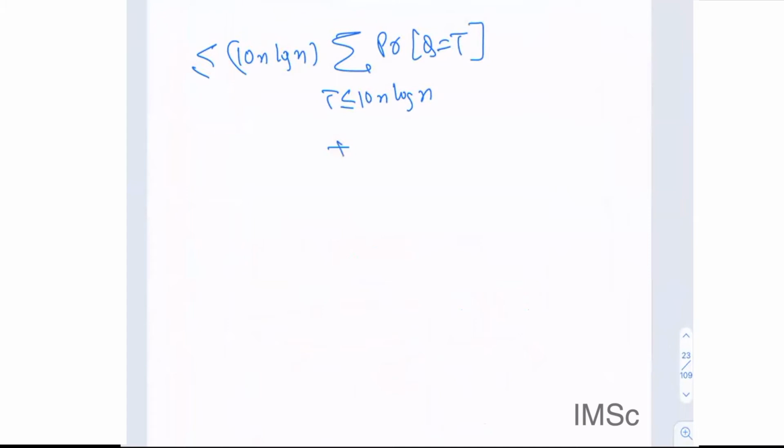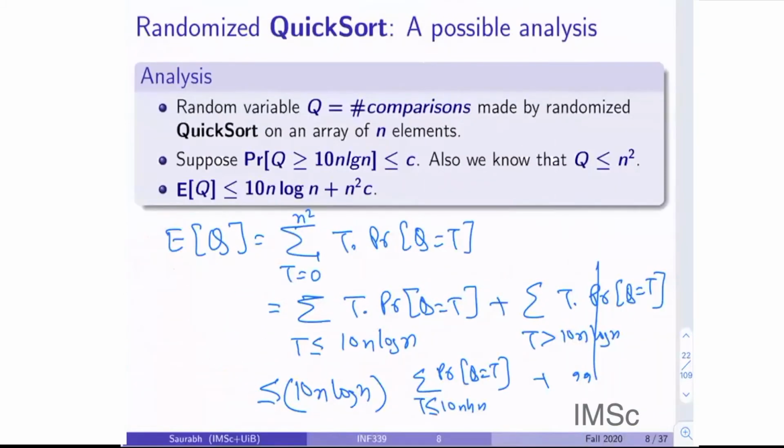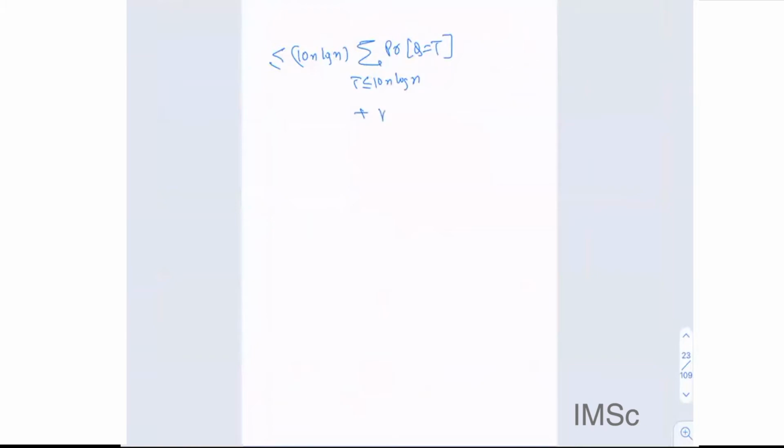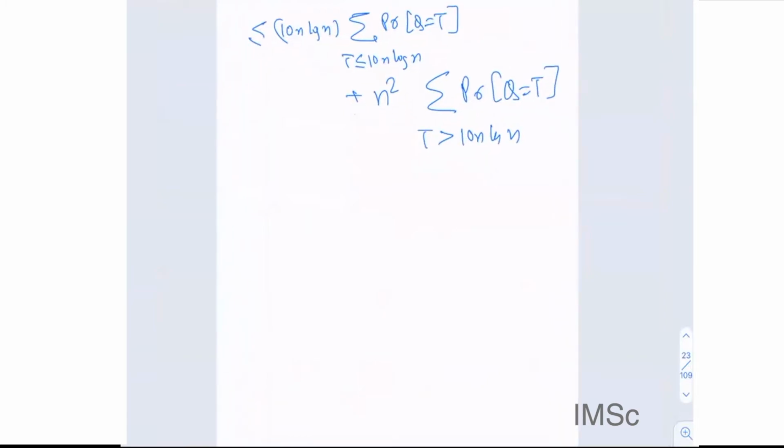Plus, for the next term, look, what is the worst value of t here? It is n squared, because we know that t is not more than n squared. So I can take n squared as an upper bound, and write n squared times the summation over t greater than 10 n log n of the probability Q equals t.